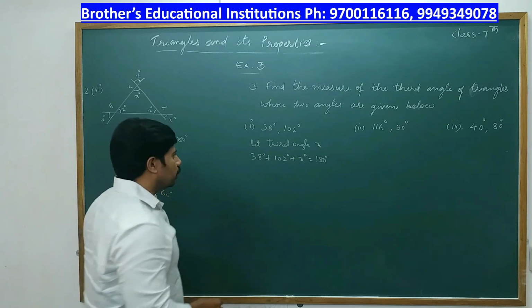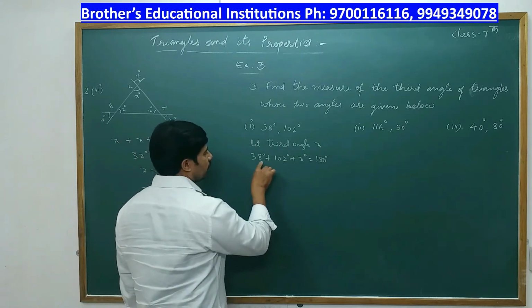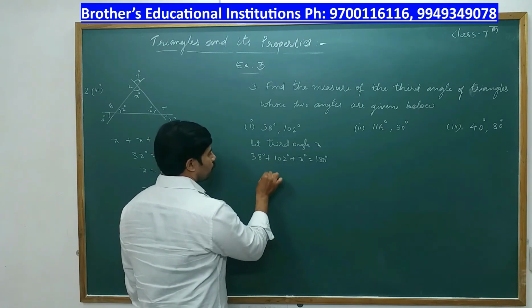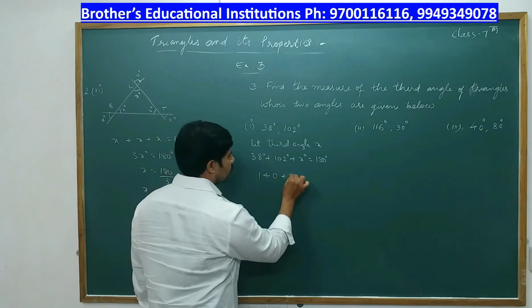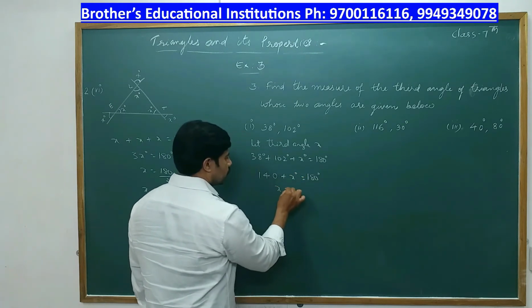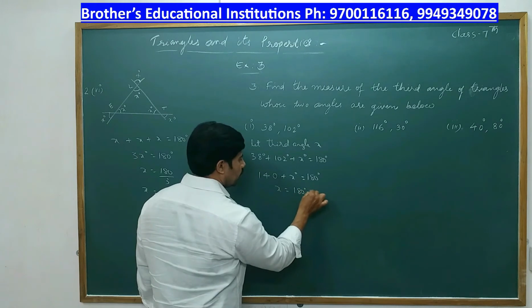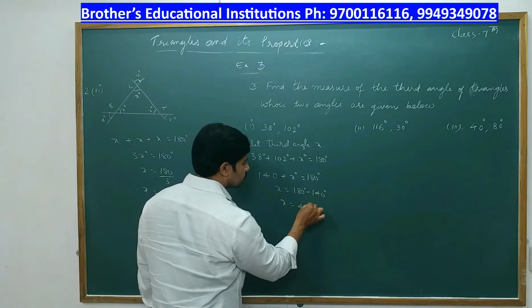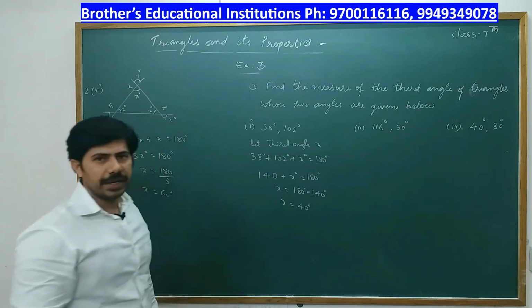Now 38 plus 102: 8 plus 2 is 10, 4. 140 plus x is equal to 180 degrees. So x is equal to 180 minus 140. So x is how much? It is 40 degrees.